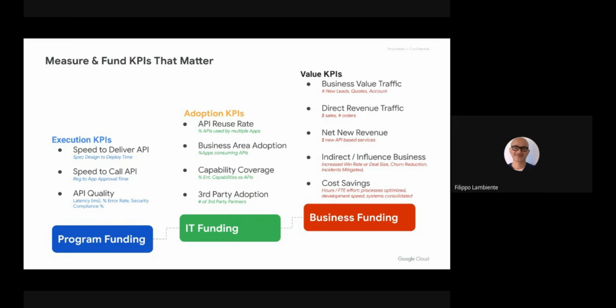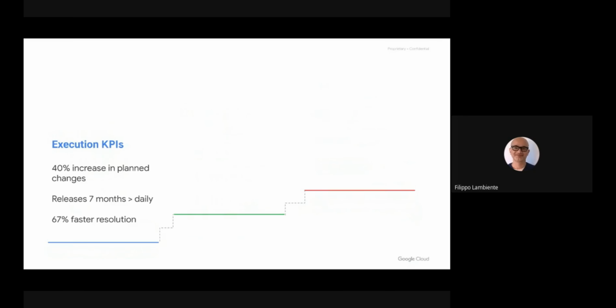The cost saving that I had in terms of FTE effort, hours. So these are things that you can start to think about even before you deploy something, just to prove and to check, while you are maturing in this API program, how you are progressing in this direction.